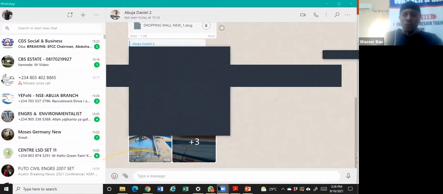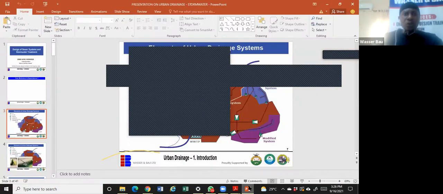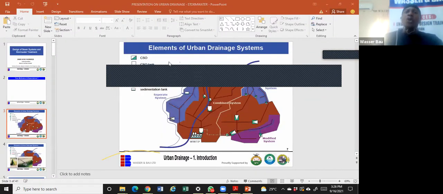So looking at what you have on your screen, we are discussing urban drainage generally. So this is a typical drainage system. It's made up of the storm and the sewer system, the foul sewer and the storm system.